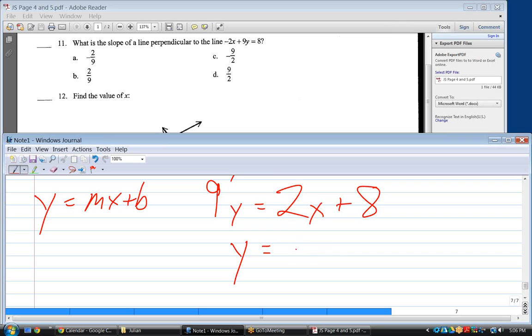In other words, I'm dividing that by 9, I'm dividing that by 9, and I'm dividing that by 9. Okay. So what does that leave? Y equals what? 2/9.